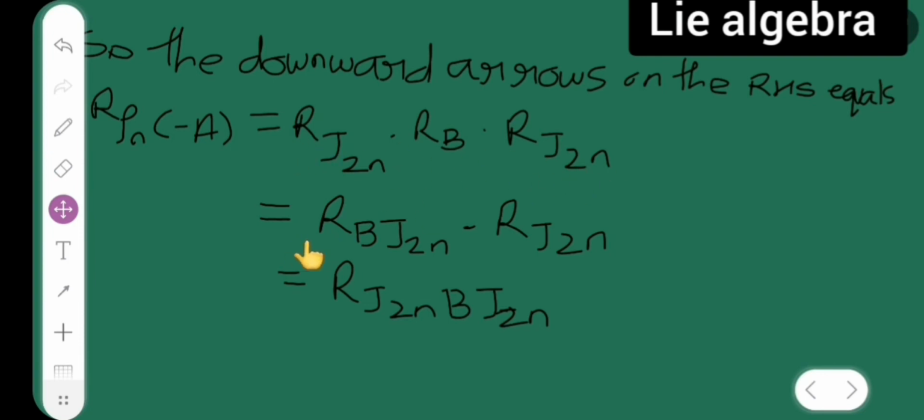Now this is equal to what? I am writing it as rho(B) into J_2n over here into J_2n. Okay, and then this is equal to what? I am writing as it is, common, then J_2n into B J_2n. Okay, so I have written it over here. I'll continue on the next page.